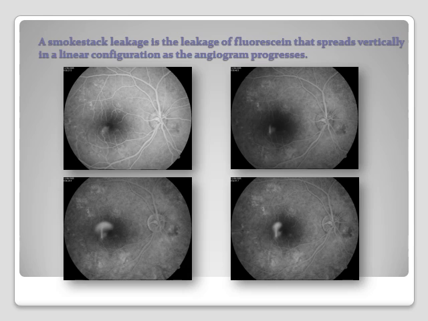Then, in smokestack appearance, with the progress of the angiogram, there is spreading of the dye vertically upward in a linear configuration. Then, the leakage goes to the side, giving a mushroom-like or umbrella-like appearance.